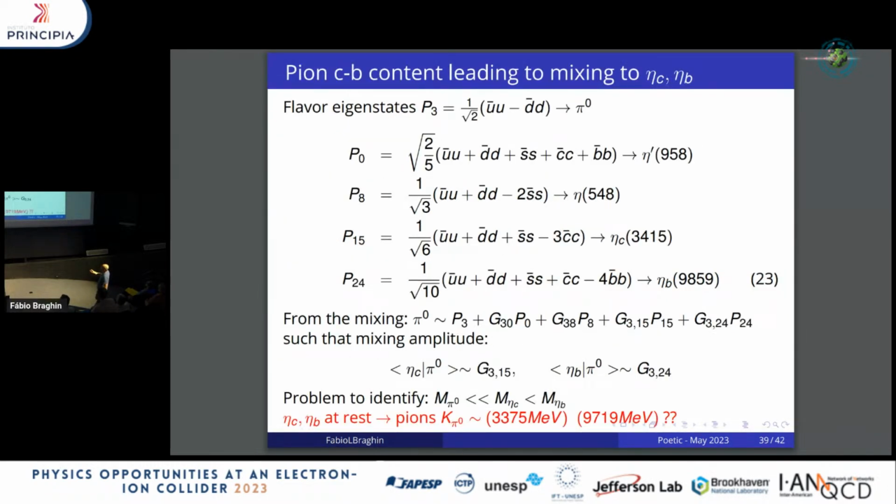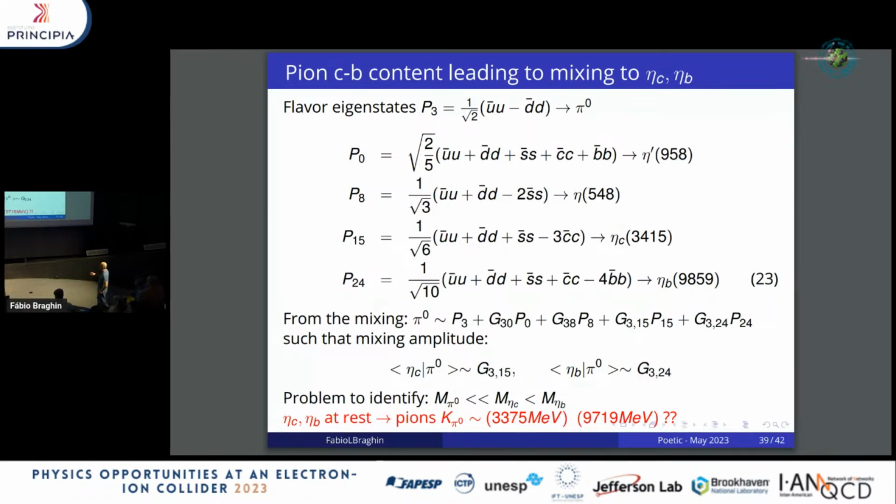And then the same thing we are doing, or start doing, for these heavy quark contributions for the pion and kaon. We also have that those mixings from the polarization tensor lead to a charm and bottom contribution for the pion that are proportional to these mixing interactions.